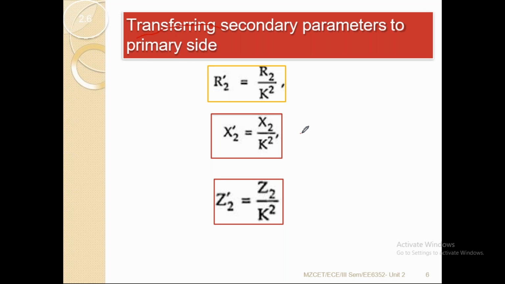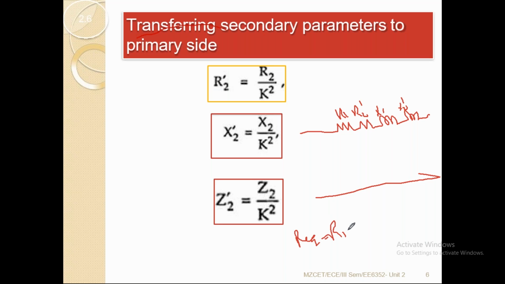Okay. Now your primary circuit becomes like this: R1, R2 dash, X1, X2 dash. So the equivalent resistance Req is equal to R1 plus R2 divided by K square. Then you will get the equivalent resistance Req, right?